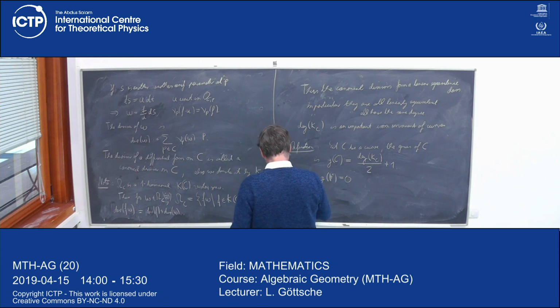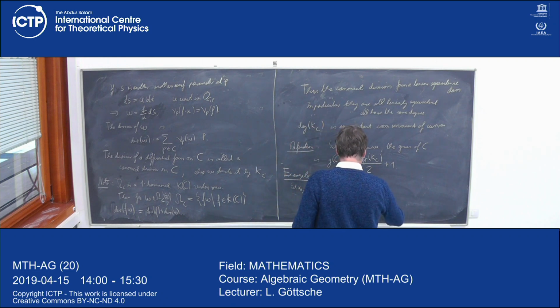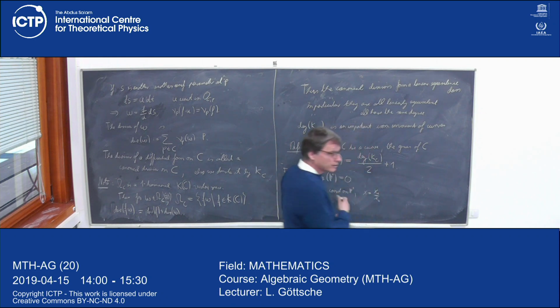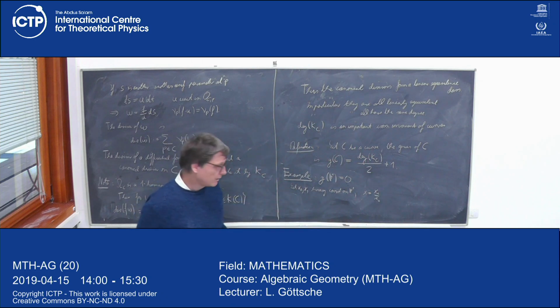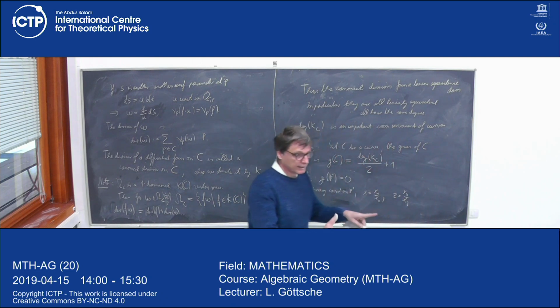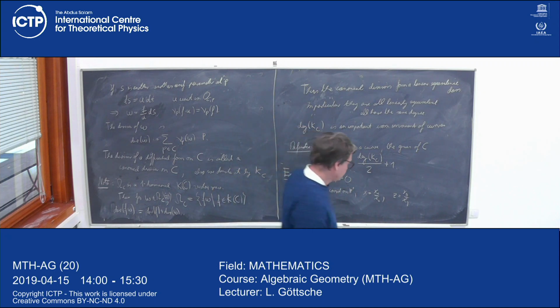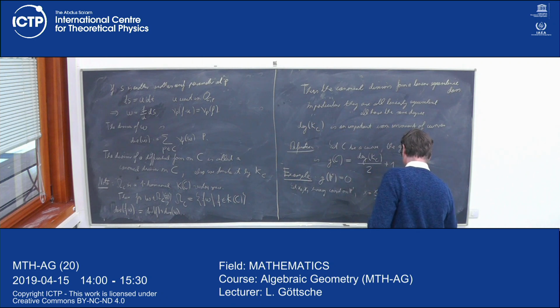Let x0, x1 be the homogeneous coordinates on P1, and we put x equal to x1 divided by x0, the usual coordinate on the A1, and we put z equal to x0 divided by x1, which is the coordinate on the other affine chart, U1, which obviously you can also write as 1 over x.